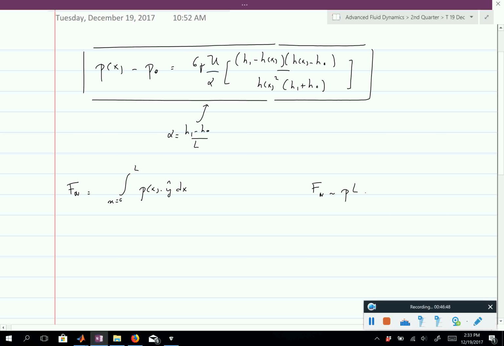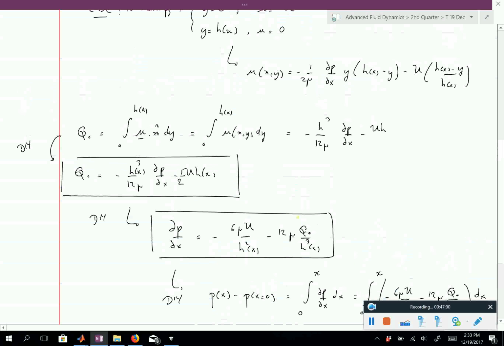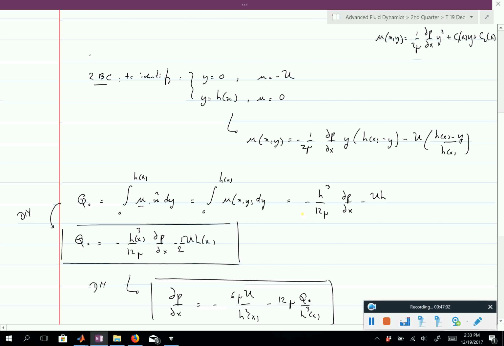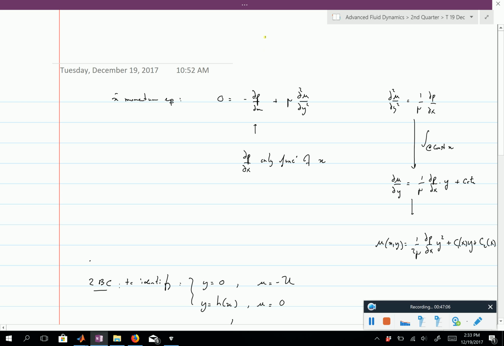Do you have a scaling for the pressure if you have a lubrication film? Yes, we do. From this equation, we derive the scaling for the pressure. P divided by L is going to scale roughly like mu U divided by H squared.